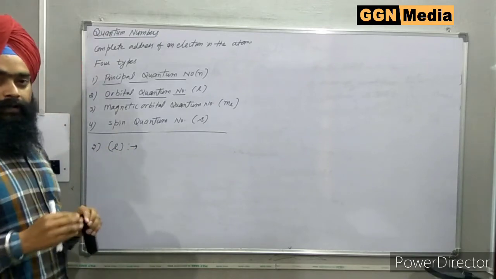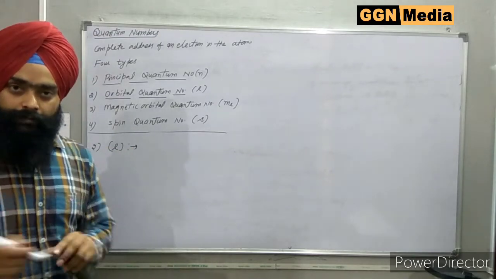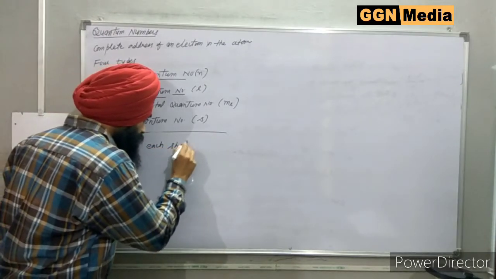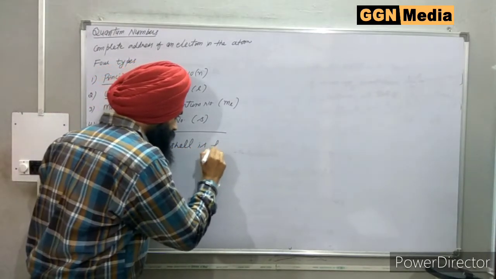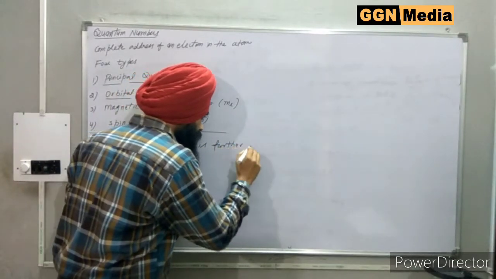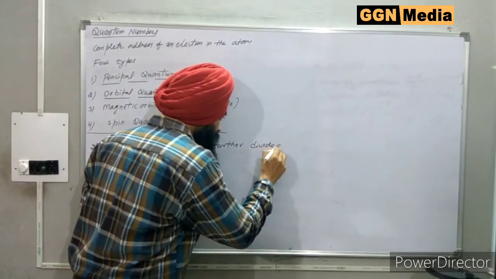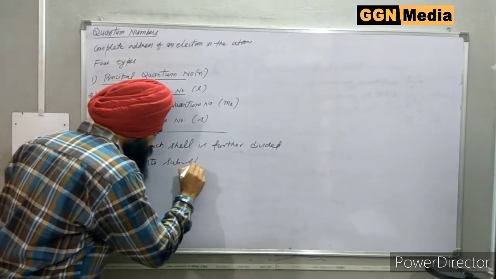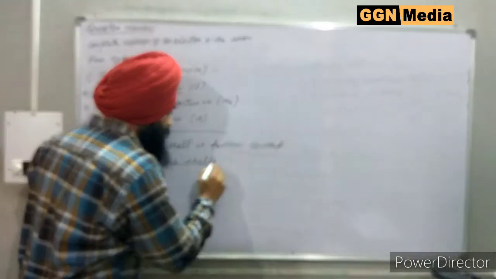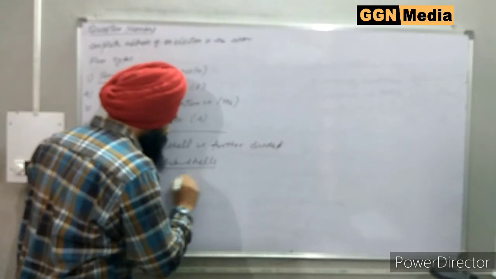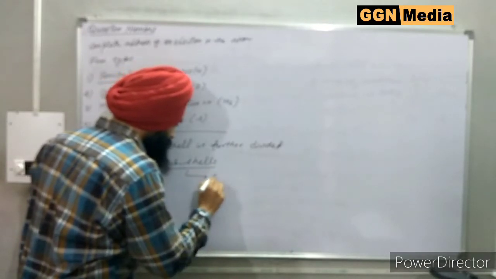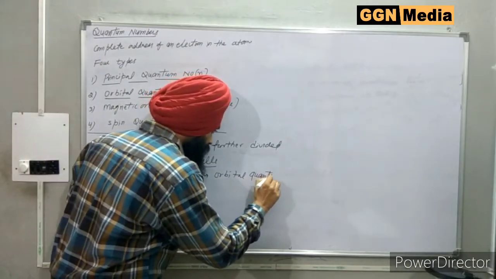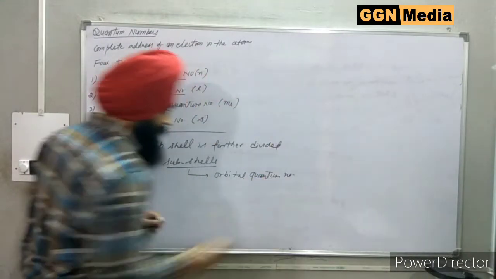Each shell is further divided into subshells, and these subshells are represented by orbital quantum number.